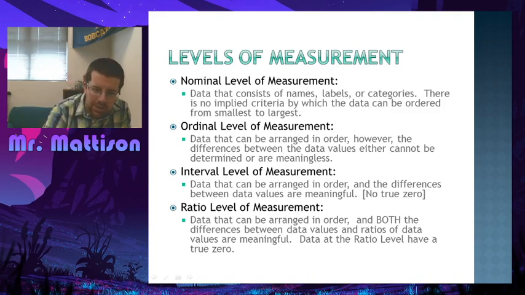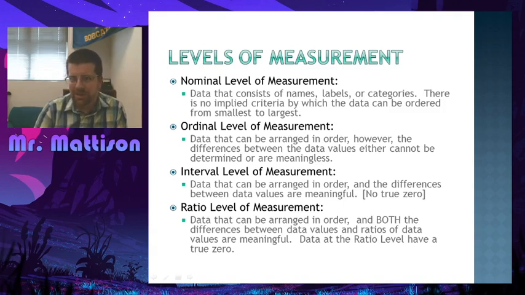So we're out of ordinal, we're up to the interval level at least. Now, can we halve it or can we double it, right? Is 70 degrees twice as hot as 35 degrees? Now the answer is no. Numerically, 70 degrees is twice what 35 degrees is, but there's not double the amount of energy in that heat, because heat's really just a measure of light energy. I'm not going to get too much into the physics, but that's where it comes from.